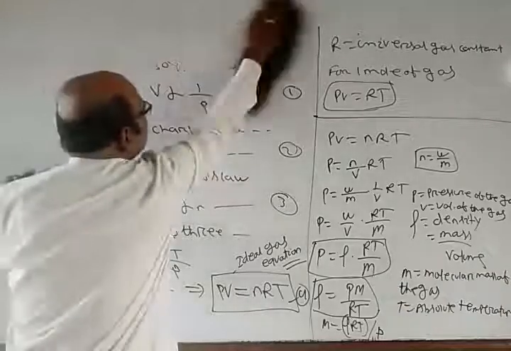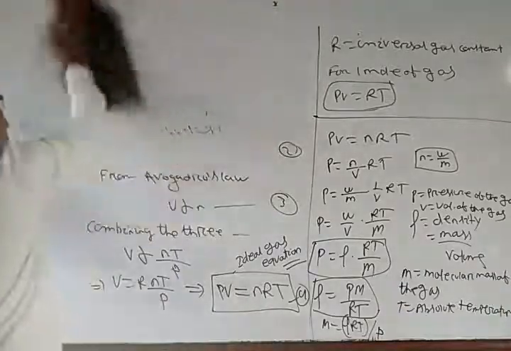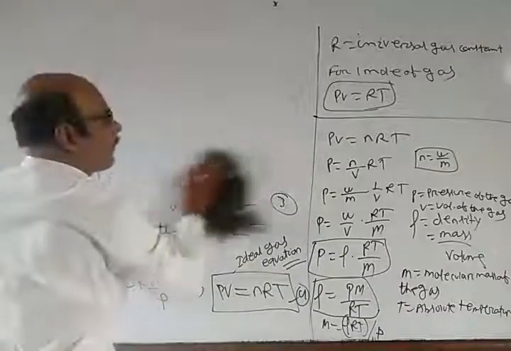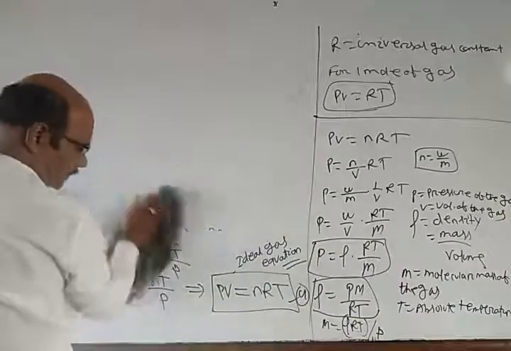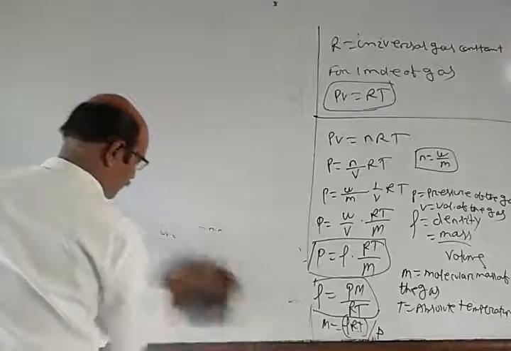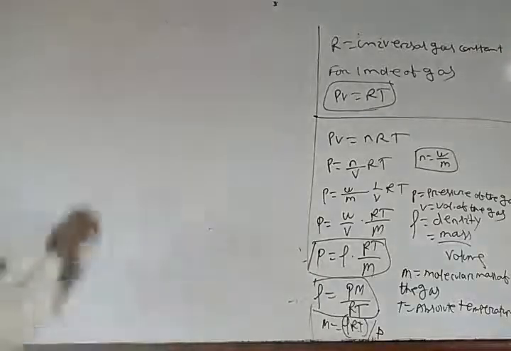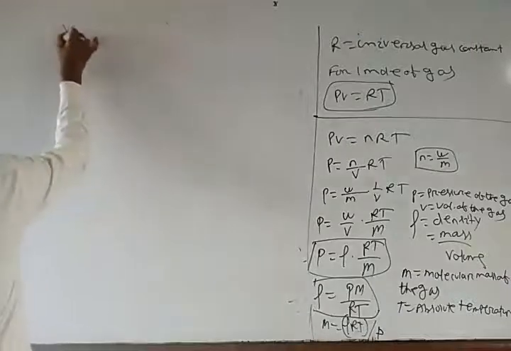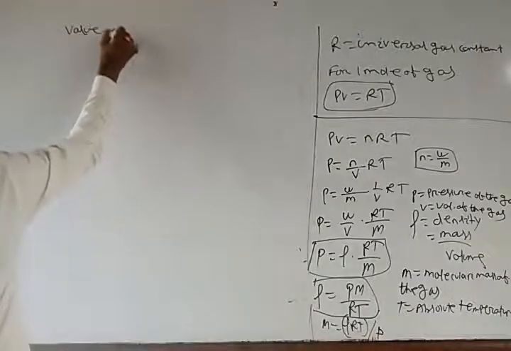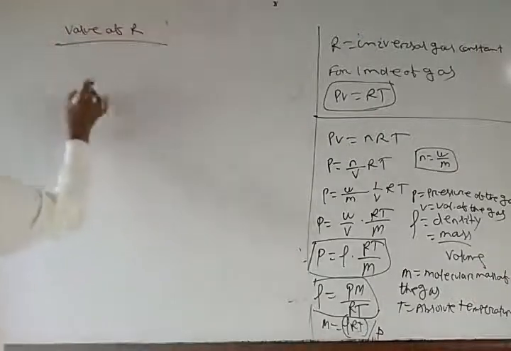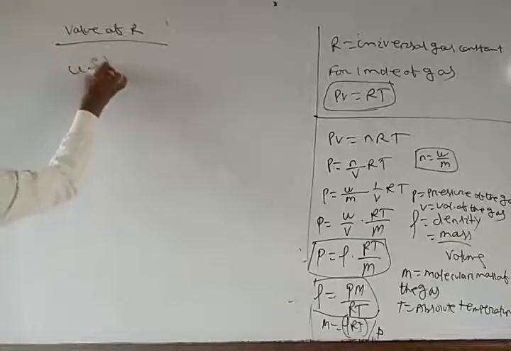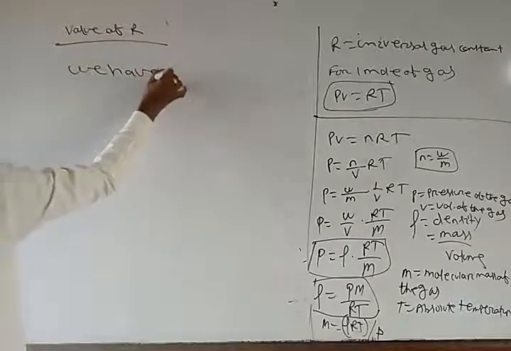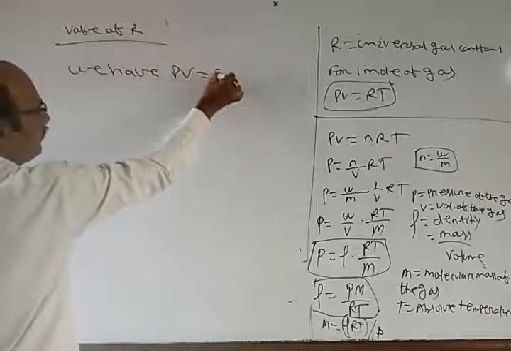The universal gas constant R. We know the value of R. We have PV equal to nRT.